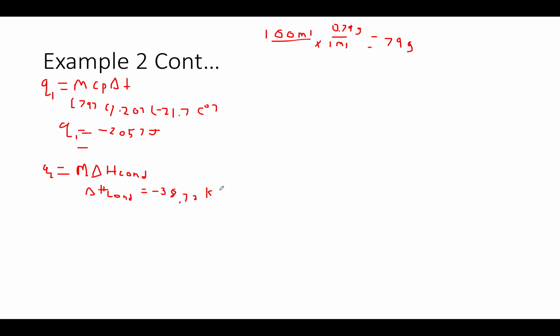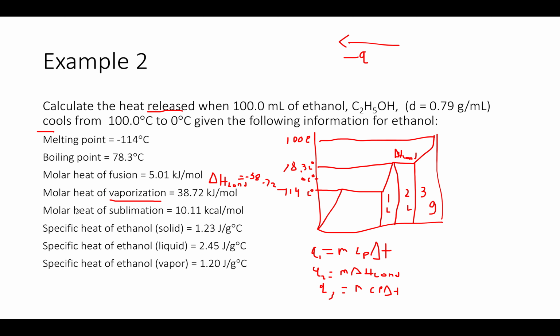kilojoules per mole. Once again, we have another problem. We need our answer in joules. This is in kilojoules. So we're going to do dimensional analysis to get the grams of ethanol into joules. 79 grams of ethanol we have. 1 mole of ethanol, let's see. We have 2 moles of carbon, 5 moles of hydrogen, 1 mole of oxygen, and another mole of hydrogen.